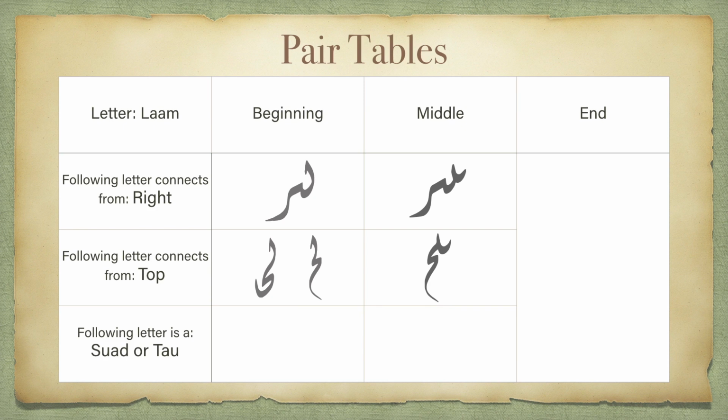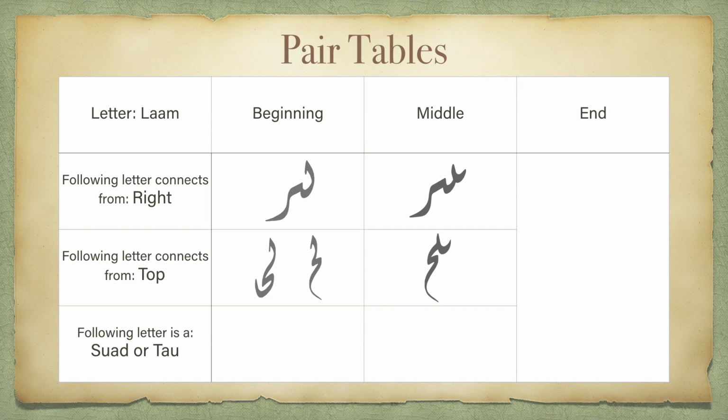You'll see how the lam almost curves downwards as opposed to going back upwards like we saw in the previous example, because in this case the Jim or Ha is a letter that connects from the top, and ultimately that affects the shape of the Lam, which appears right before it.